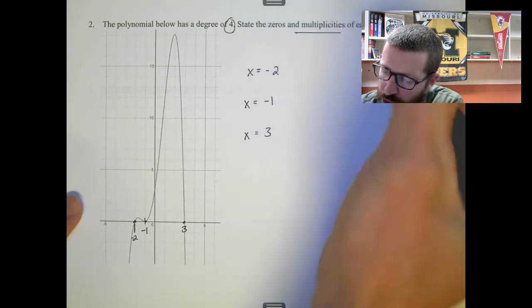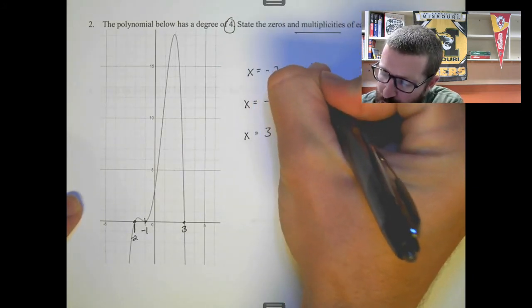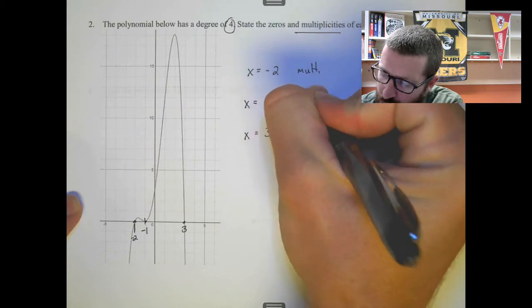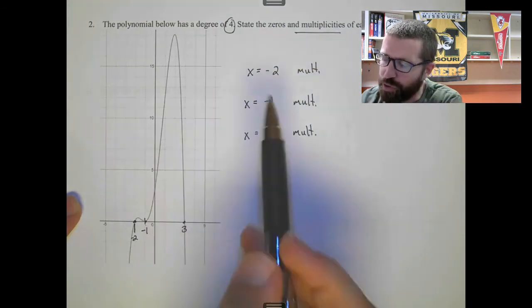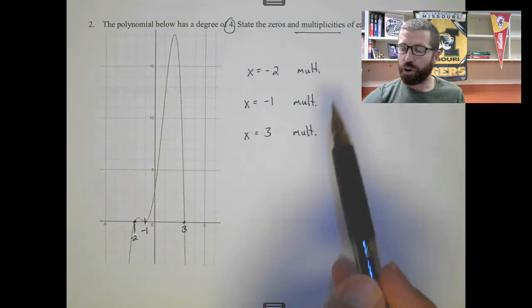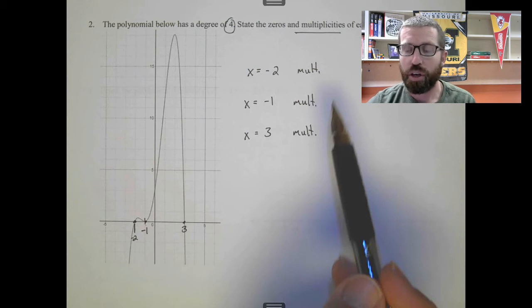Okay, and then we need the multiplicities of each zero. So we have to do a little bit of guessing and checking here. There's a degree of 4, so the multiplicities need to add up to 4.